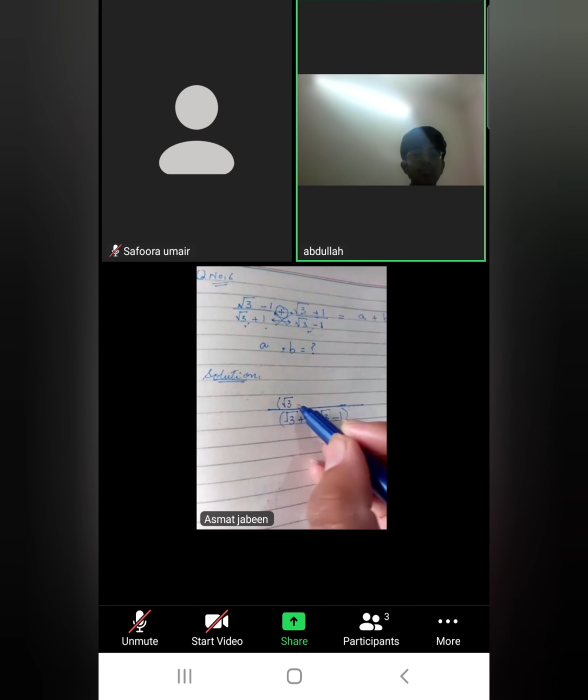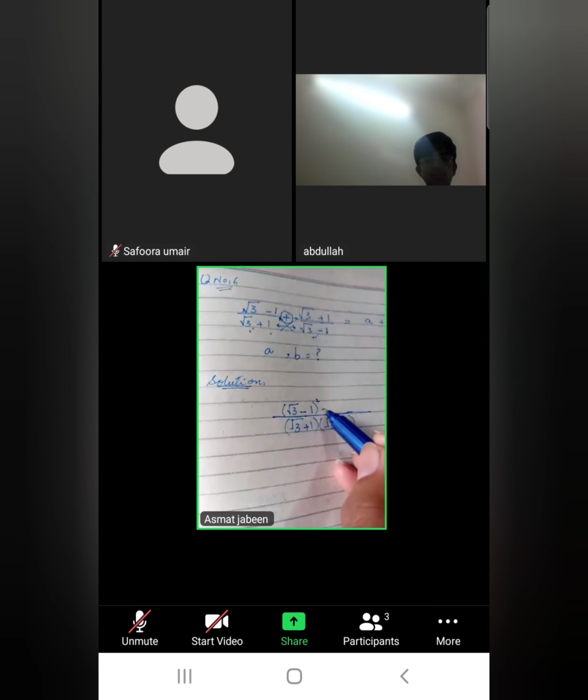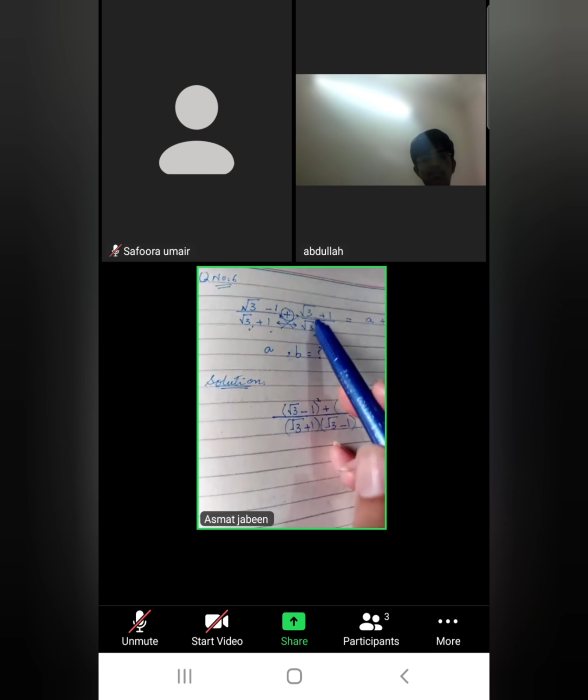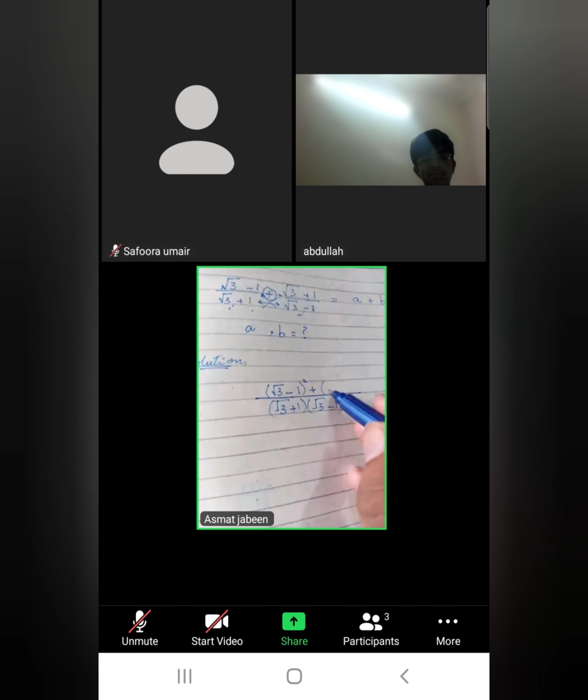To the power of 2. Yes, square root 3 minus 1 whole square, then this sign of plus as it is. Now when we multiply these two, again we are having the same term, so it will be square root 3 plus 1 whole square, which is equals to this a plus b times square root 3, which will remain the same.